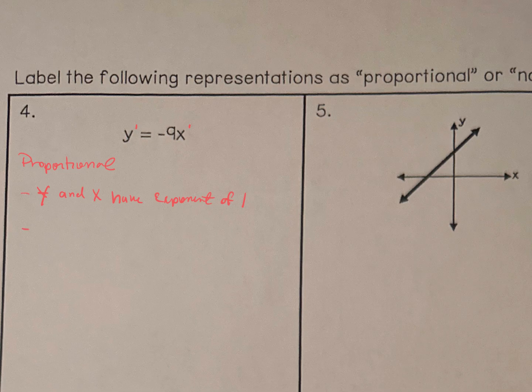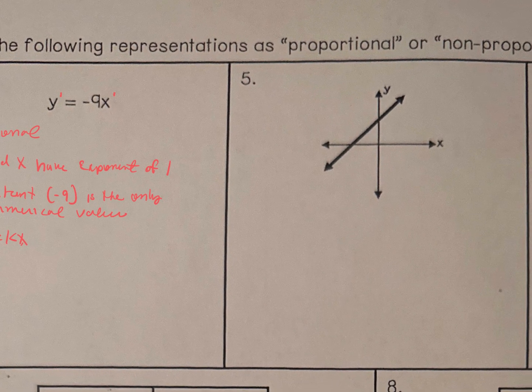And also your constant, which is -9, is the only numerical value. And the equation, if you remember, is written in the form y equals k times x. So that's why that's proportional.